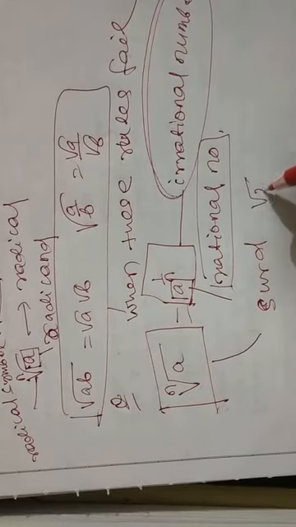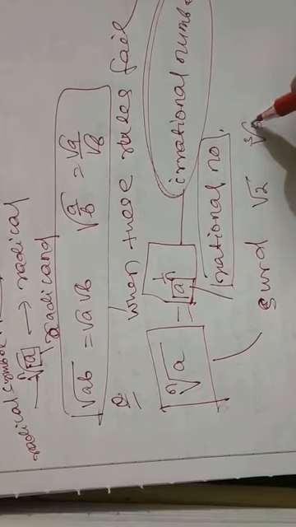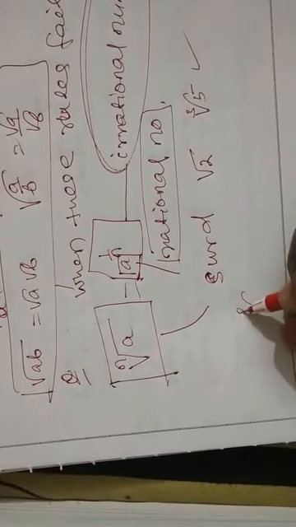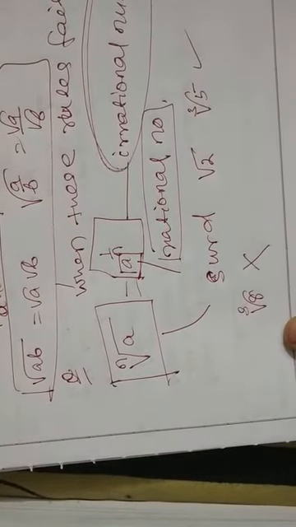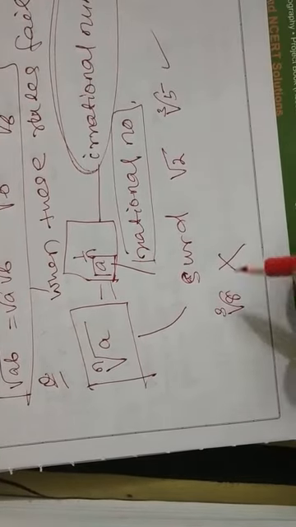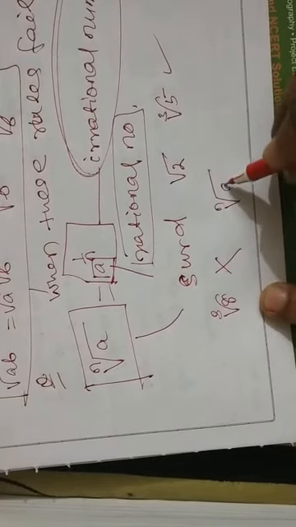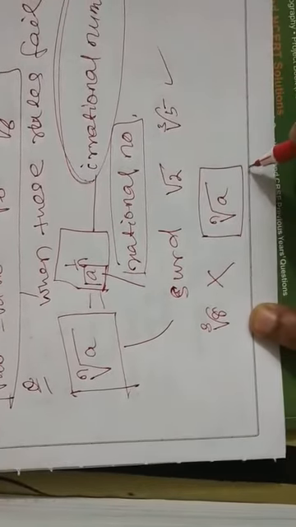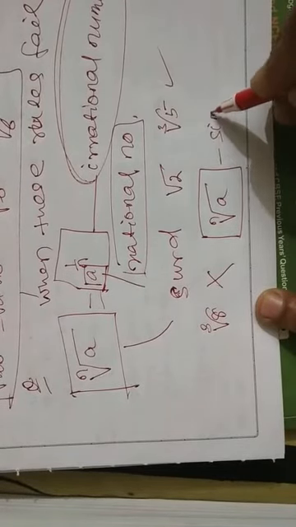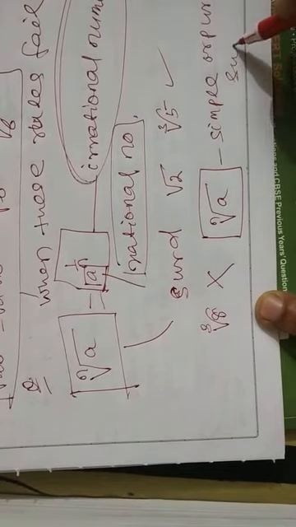For example, root 2 is a surd because it is irrational. Root cube 5 is a surd. But root cube 8 is not a surd. Getting the idea? Very clear? Now, if I say this is a surd, then this one is known as a simple or pure surd.